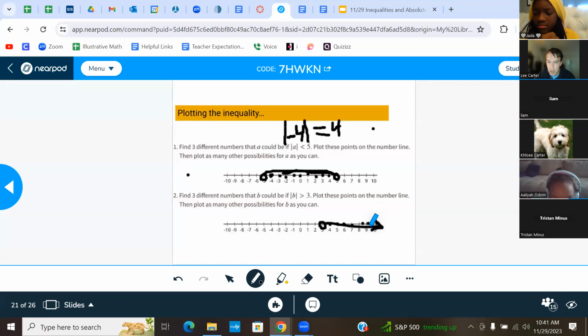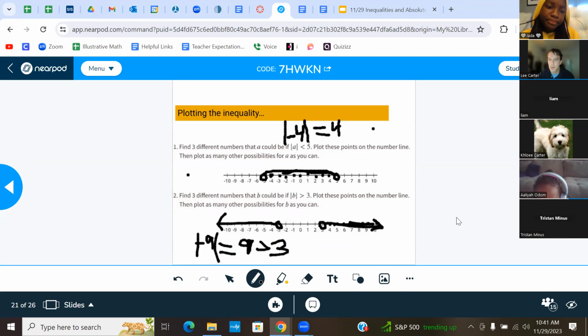Because the absolute value of those would be greater than 3. That means how far they are from 0, right? But it also could be over here. Why? Because the absolute value of -9, remember, means how far it is from 0. It is 9. So is 9 greater than 3? Yes. Okay.